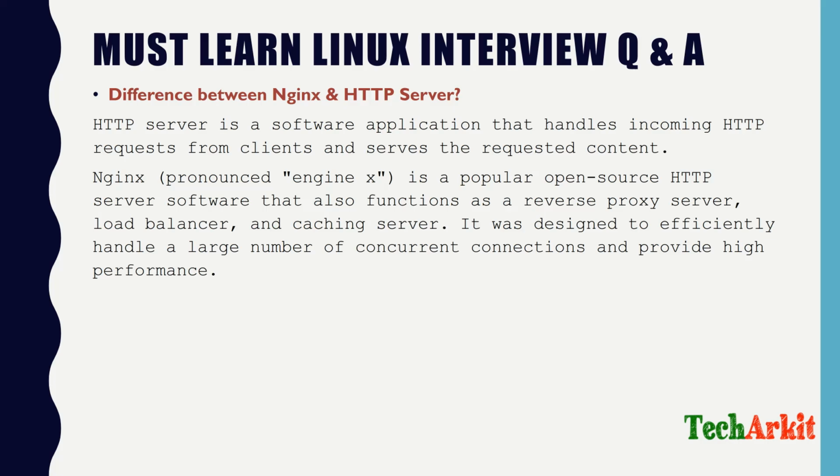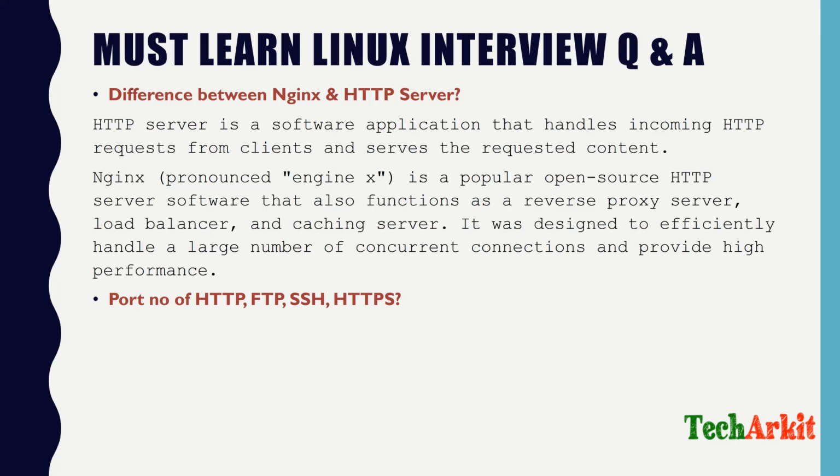It was designed to efficiently handle a large number of concurrent connections and provide high performance. Basically, Nginx is also an HTTP server, but it also provides reverse proxy, load balancer, and caching services. And an HTTP server is the software application that provides web traffic resolution.